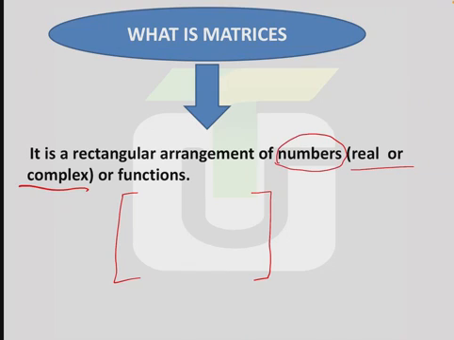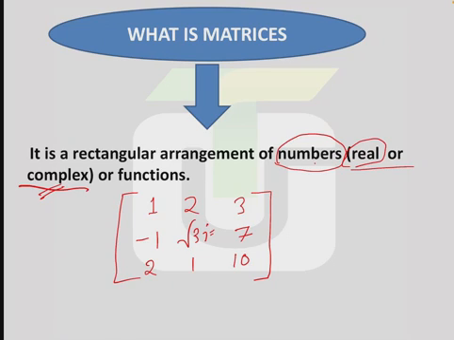Numbers, that is 1 2 3, suppose. The numbers may be real numbers, or complex numbers, or functions. So 1 2 3 minus 1, root 3i, suppose 7 root 3i, this is a complex number. So 2 1 10, like that.